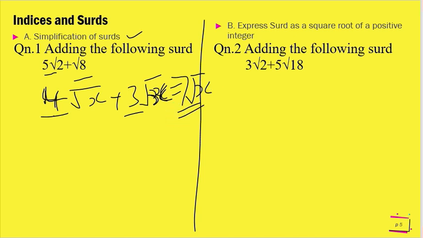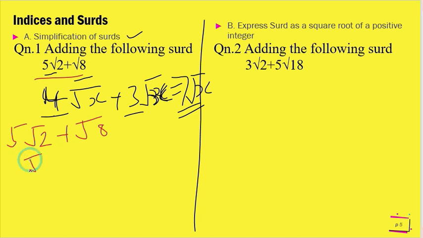Now let's see our question here. The question is 5 root 2 plus root 8. This root 8 here, we can simplify it so that we may have root 2. How are we supposed to simplify it?